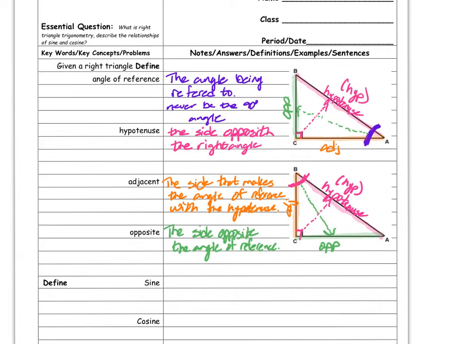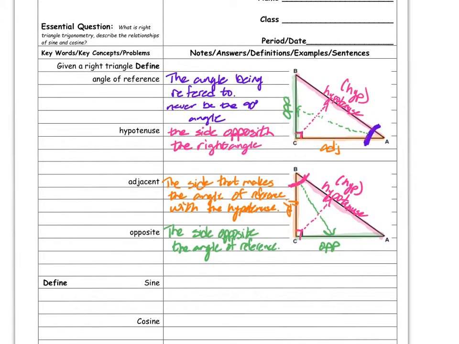So I need to pay attention to my angle. The adjacent side helps make the angle, and the opposite side is opposite, or through the triangle from that angle. So it's the side opposite of the angle. It does not make the angle. Okay, so I'm not sure how else to say that. I hope that makes sense.